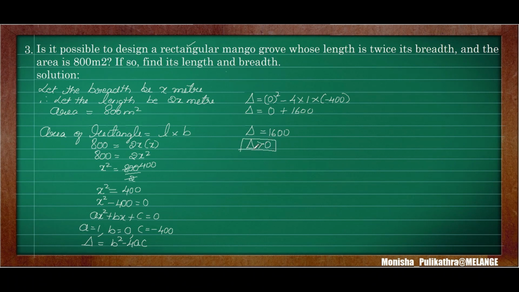If delta is greater than 0, then it has two distinct, unequal real roots. We have to write this line because in the question they have asked, is it possible to design a rectangular mango grove?